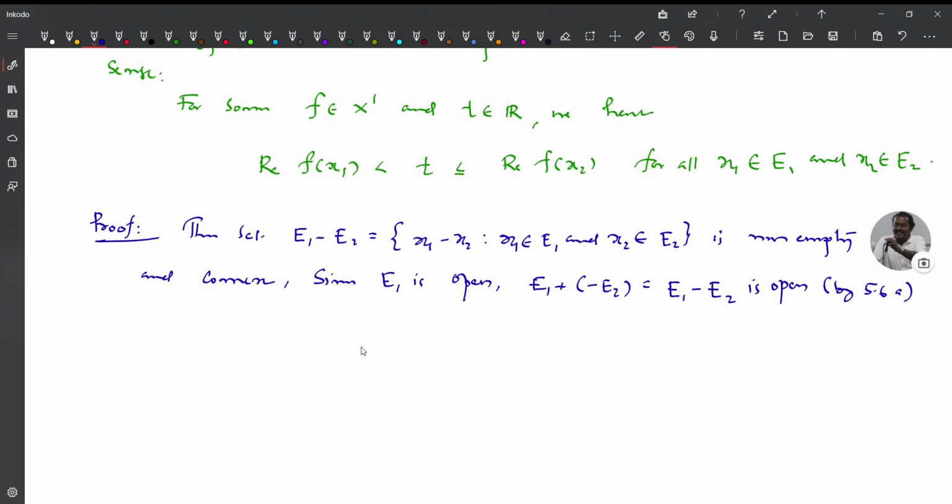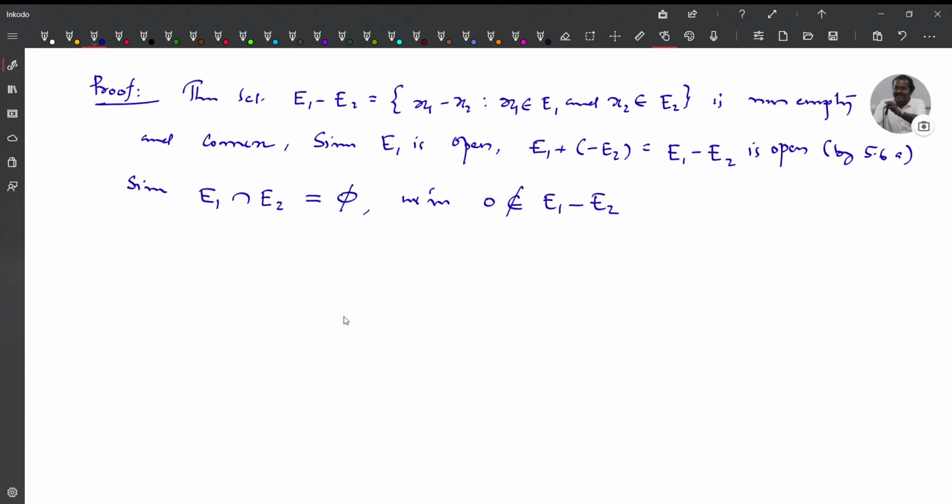Now since E1 and E2 are disjoint, since E1 intersection E2 is empty, we have 0 does not belong to E1 minus E2. So let Y equal to the singleton 0 and E equal to E1 minus E2 in Theorem 7.3 that we have discussed in the previous class.